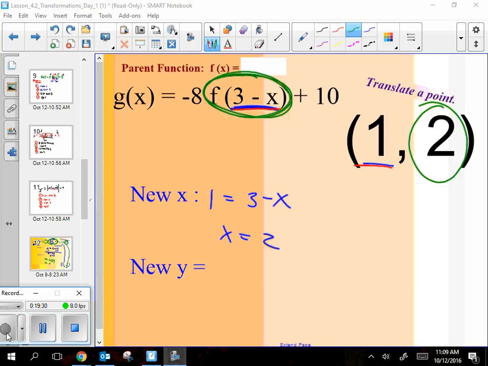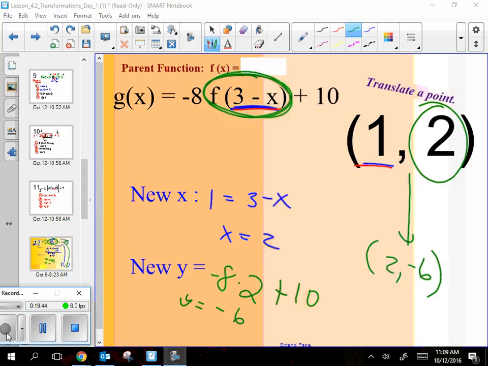That part becomes 2. And so you should have negative 8 times 2 plus 10. So that makes negative 16 plus 10, which makes negative 6. So the point would become 2 comma negative 6. That point becomes that point. Raise your hand if you got that one right. Okay, good. Then I think you get that part.